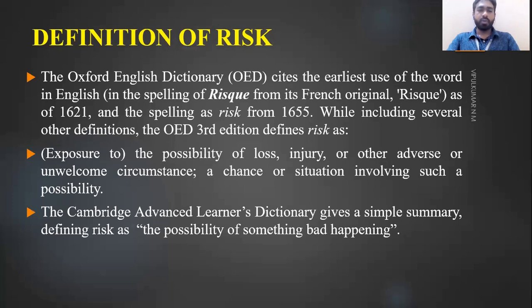According to the Oxford English Dictionary, risk means the possibility of loss, injury, or other adverse or unwelcome circumstances, a chance or situation involving such a possibility. According to the Cambridge Advanced Learner's Dictionary, risk may be defined as the possibility of something bad happening.